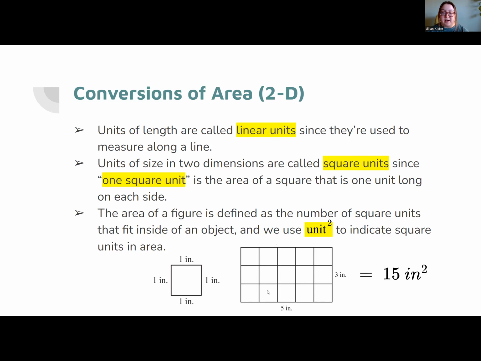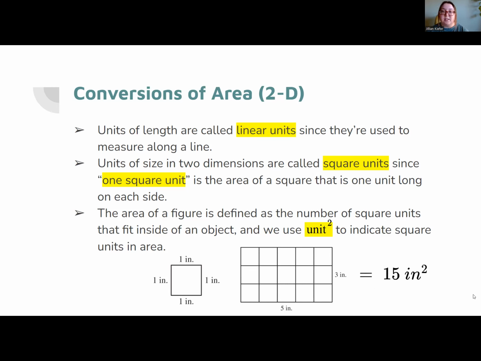So we have 5 along the bottom and 3 on the sides. Since it is 5 by 3 square units, we would assume that there would be enough of those boxes 5 times 3. So there would be 15 of those 1 square unit boxes that fit in that, depending on the length and the height, or the length and the width. So this would make it 15 inches squared.